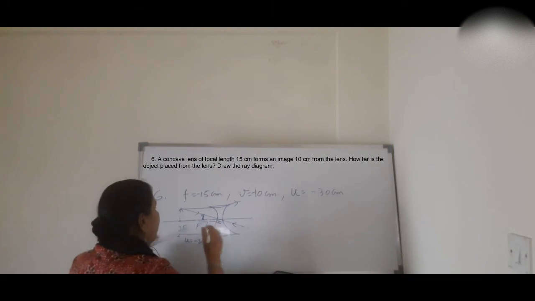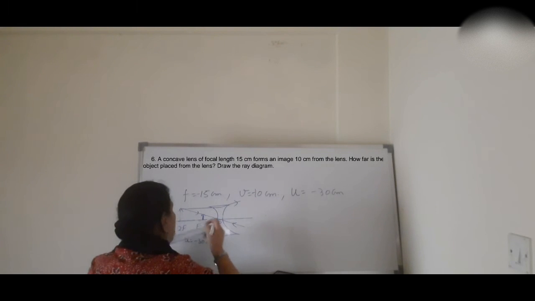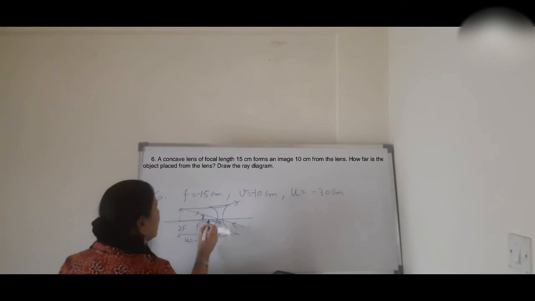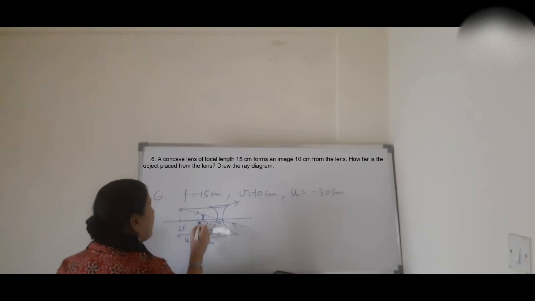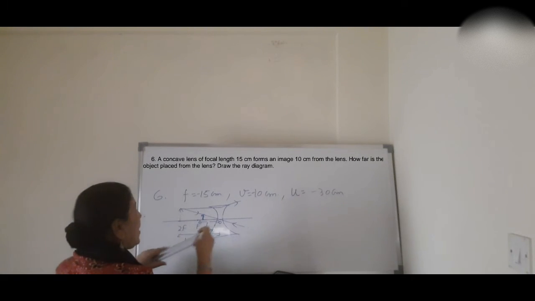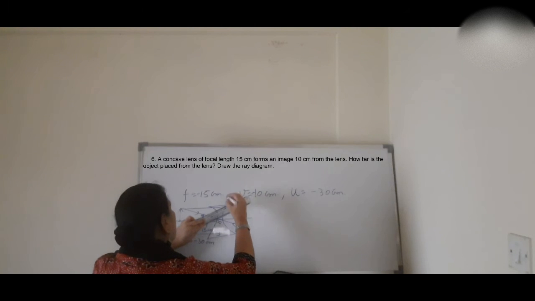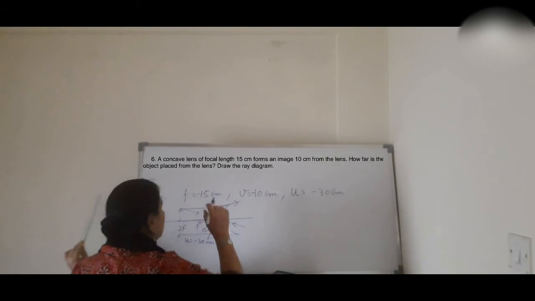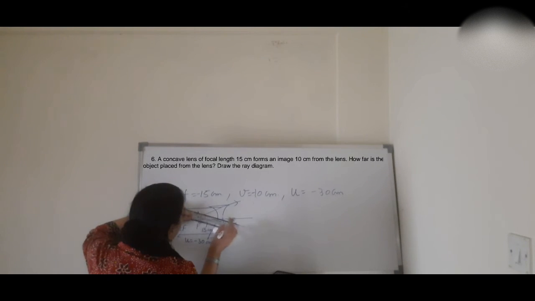So this was F, our F was here. Wherever they intersect, I am going to produce it backwards, so here they are going to intersect. Where they intersect, the image will be formed.